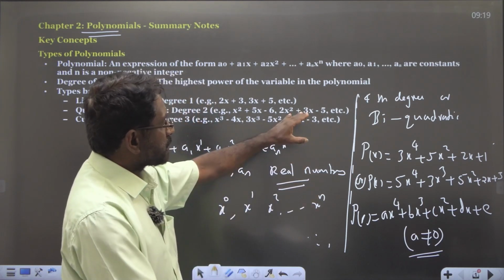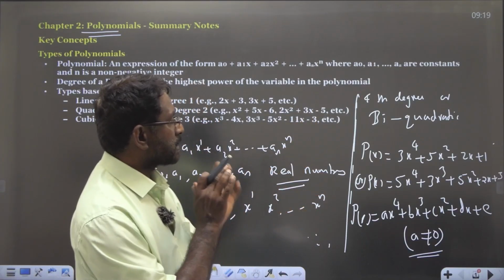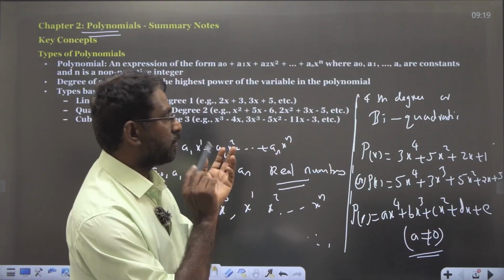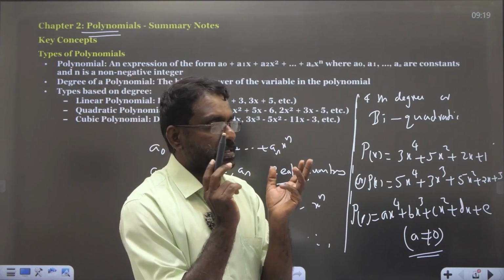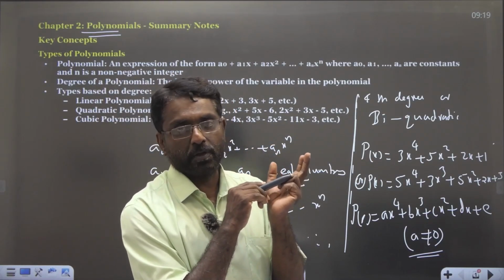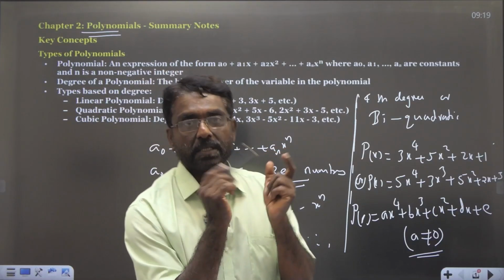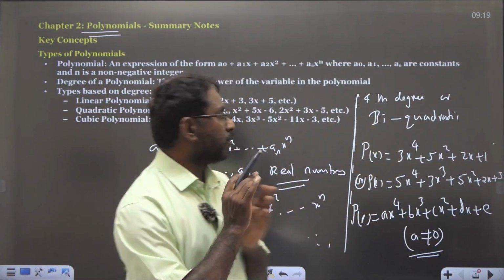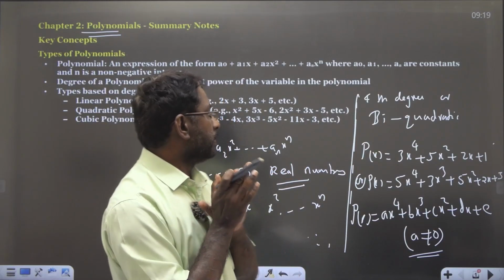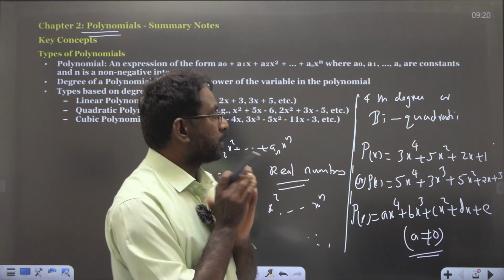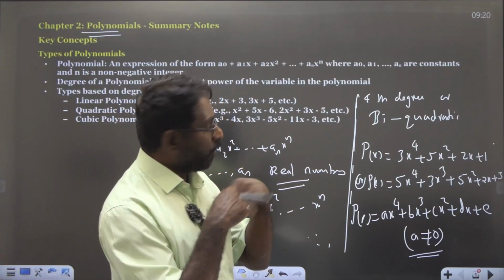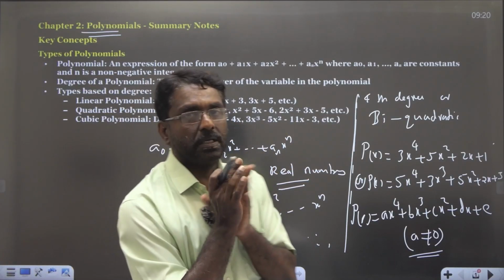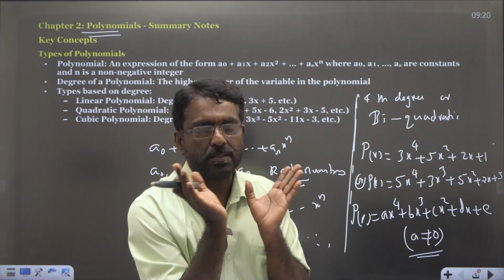The first four have particular names. When degree is 1, it is a linear polynomial. When the highest degree is 2, quadratic. When 3, cubic. When 4, biquadratic. All others are just called polynomials.